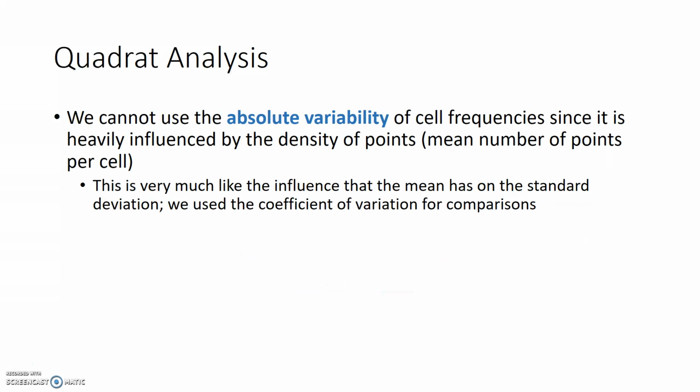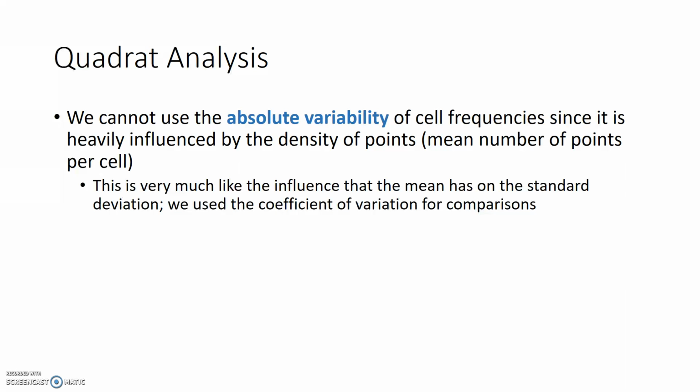We can't use the absolute variability of our cell frequencies since it's going to be influenced by the density of points. The density is going to have a big influence on the absolute variability value that we can calculate. It's like the influence that the mean would have on a standard deviation way back when we were looking at things like that.